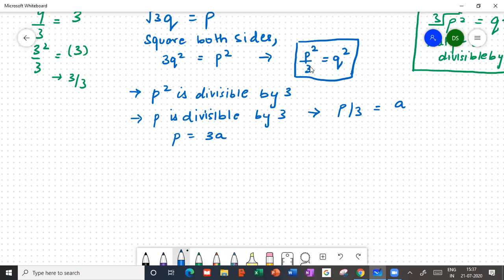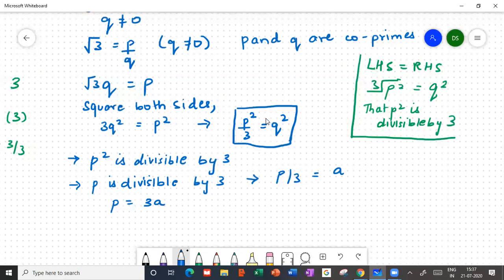Why are p and q co-prime? Yes, this is one of the assumptions that we take. Why are we taking this assumption? Can anybody say that? I guess it's the most reduced form of the fraction.